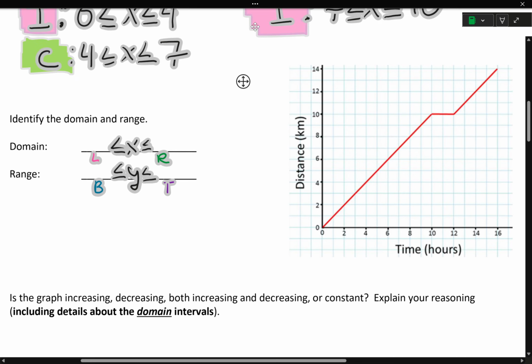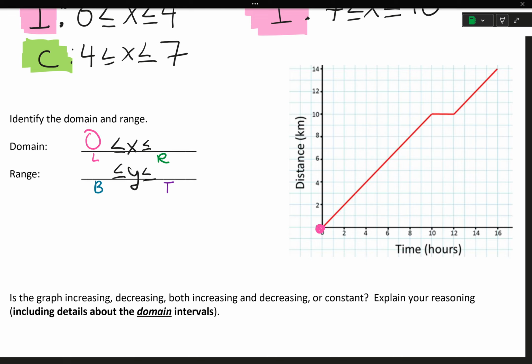The left side of my graph once again starts at 0. On the right, I end at 16. Notice how my graph keeps going. I could have gone all the way to 18 here, but we ended at 16. The bottom is right here at 0. The top of my graph is at 14.